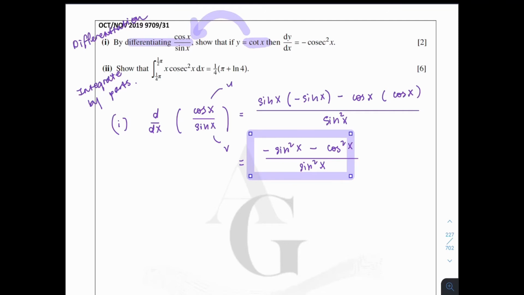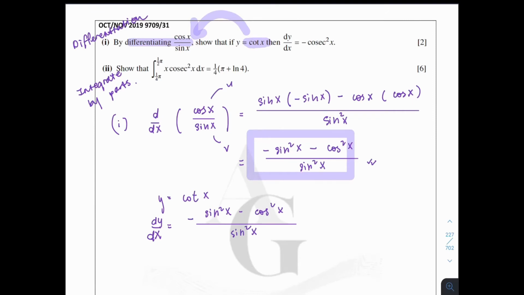Then you just need to rearrange to get the answer in this form. Let's try this. Now y equals cotangent x, dy/dx will be equal to the answer in this part, which is negative sin square x minus cos square x over sin square x.